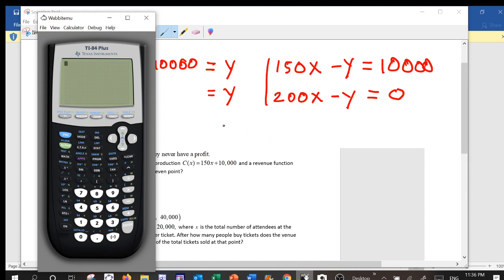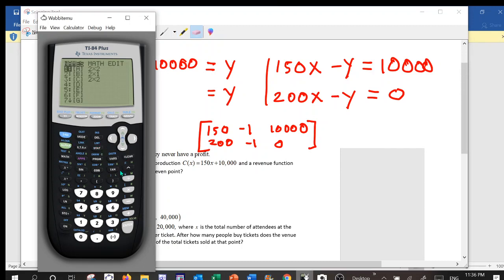What is the augmented matrix? It would be 150, -1, 10,000, and that would be 200, -1, and 0, right?